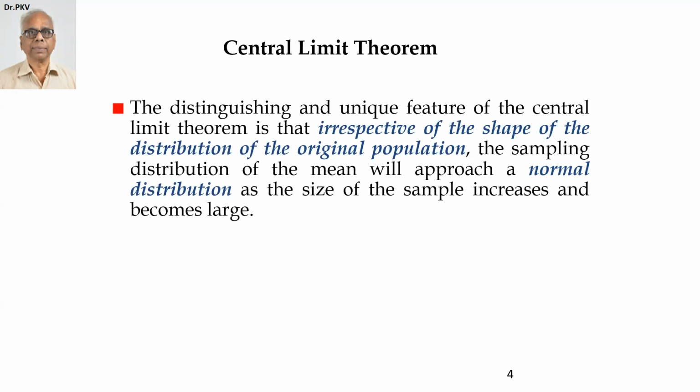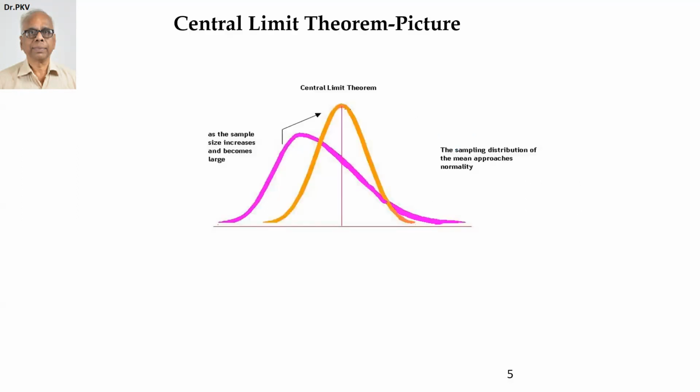And the question is, how large is large? We see in this picture, as the sample size increases, this is the original population. It becomes, by virtue of the application of the Central Limit Theorem, the bell curve. In other words, the sampling distribution of the mean approaches normality when the sample size increases and becomes large. Theoretically, it is infinity, but practically, how large is large?